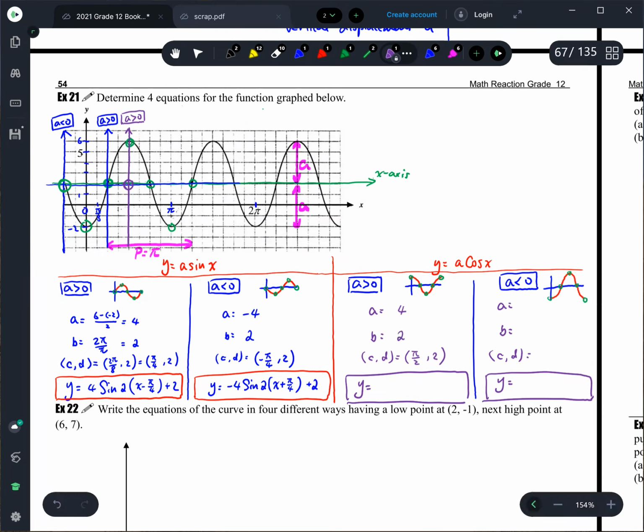Okay, so B is all the same throughout, right? It's the A that changes sign. If reflection, you put a negative. So there we go. We got our equation. It's 4 cosine 2x minus pi over 2 plus 2. Okay, last one.